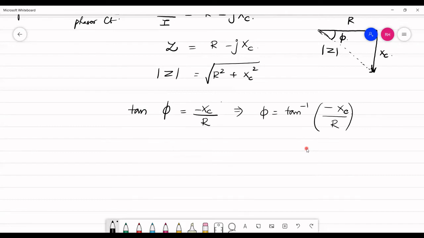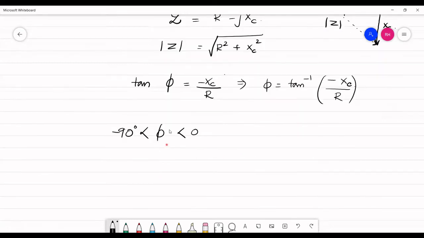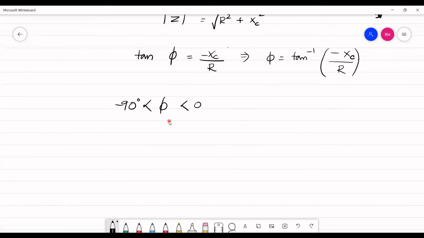And hence phi is going to be within a range minus 90 degree to 0. So now this phi is also known as the phase angle.